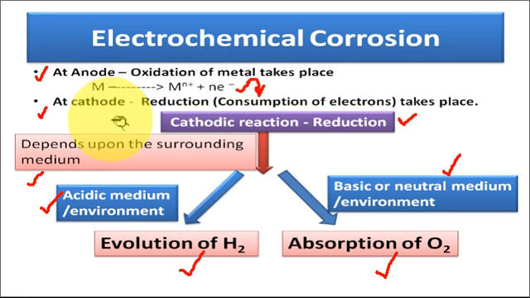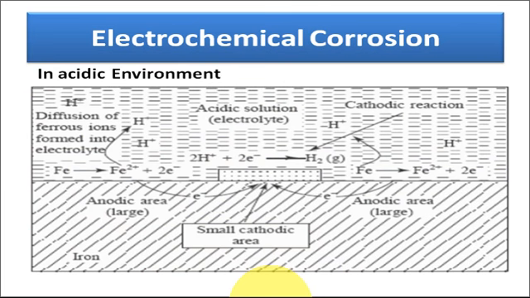At the cathodic part, a reduction reaction takes place, and this reduction reaction depends upon the surrounding medium of the metal. If the surrounding medium is acidic, then evolution of hydrogen takes place at the cathodic part, while if the metal is present in a basic or neutral medium, then absorption of oxygen takes place at the cathode. So let us discuss both the cases one by one.